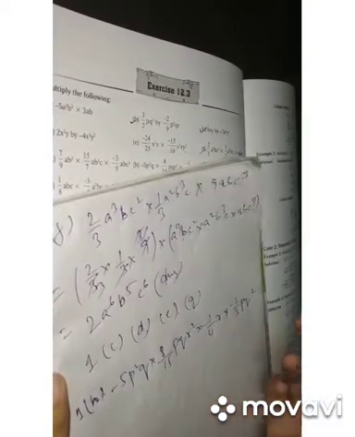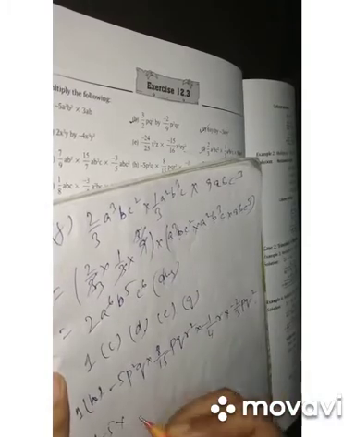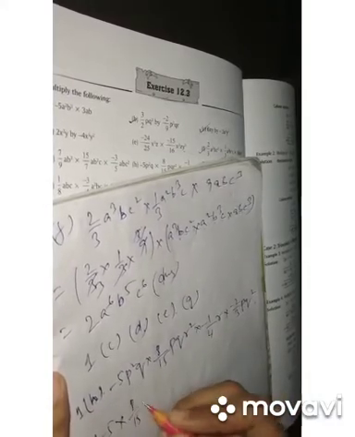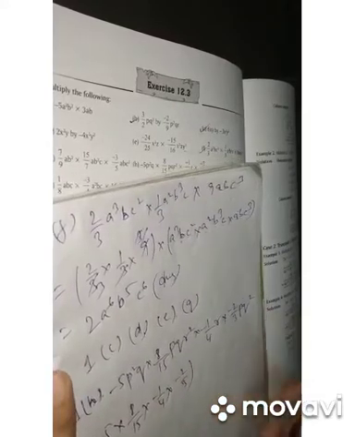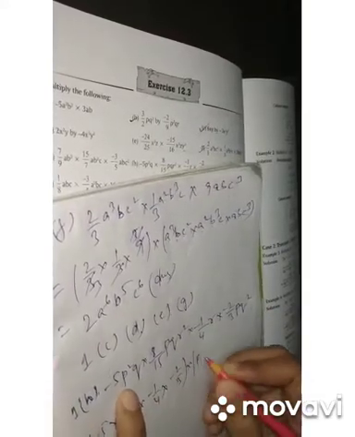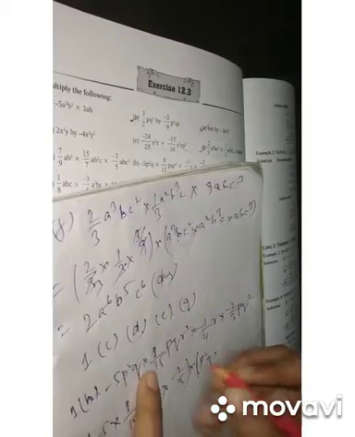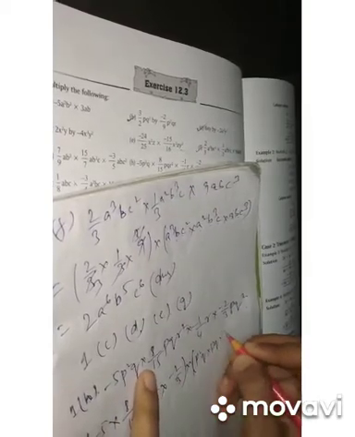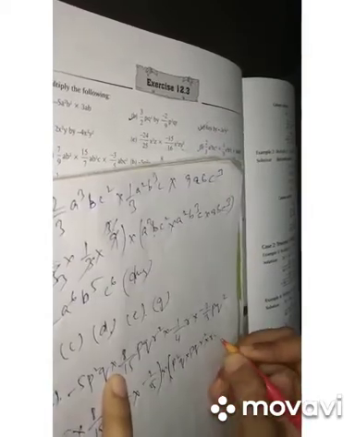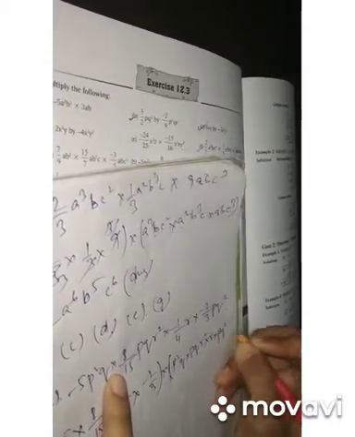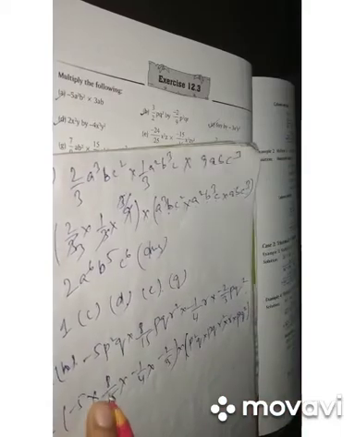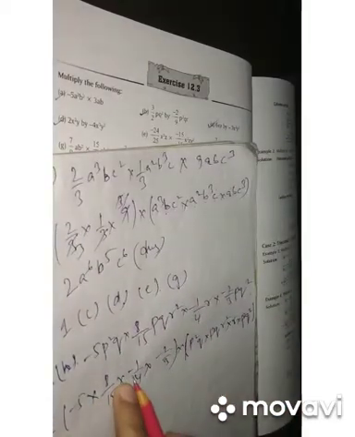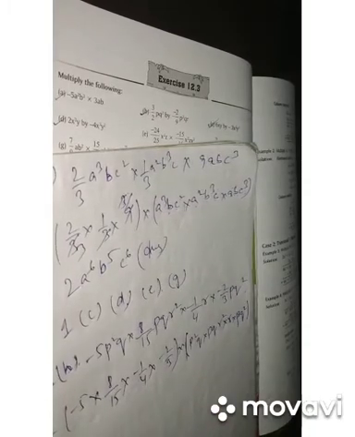First we will multiply the numbers: minus 5 into 8 by 15 into minus 1 by 4 into 2 by 3. Now all the variables multiply: P square Q into P Q R square into R into P Q square. So plus minus minus, minus minus plus, plus minus minus, the sign will be minus.